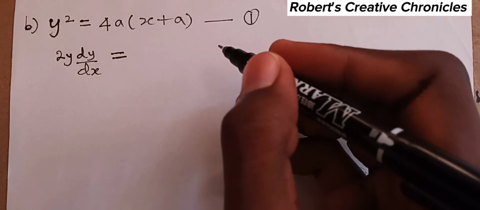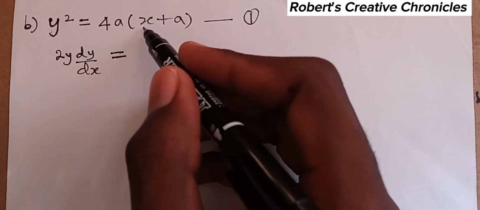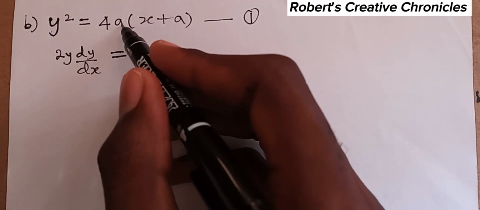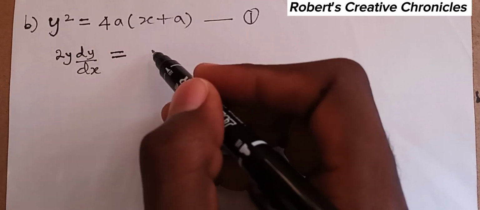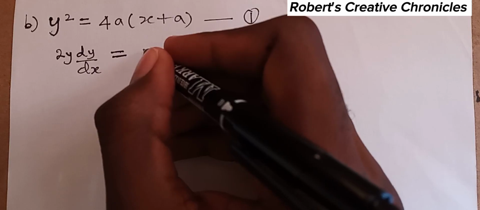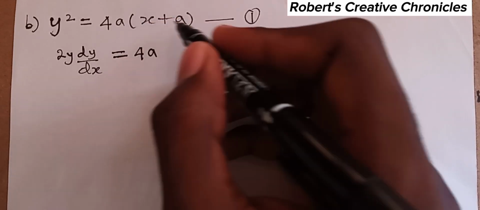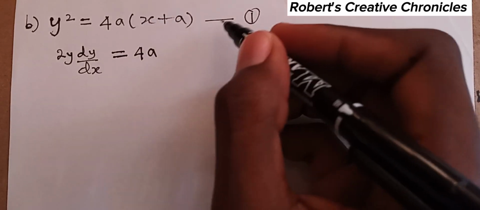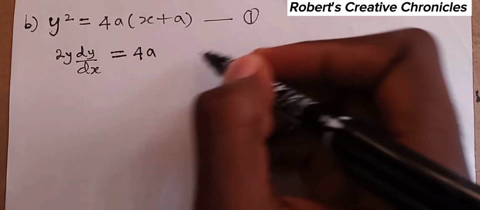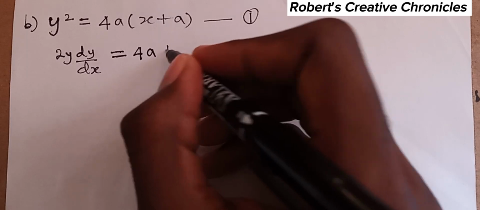So now we have to open this bracket before we can differentiate it. If we open this it becomes 4ax plus 4a squared. The derivative of 4ax is 4a. Then 4a squared is a constant, so the derivative is 0.